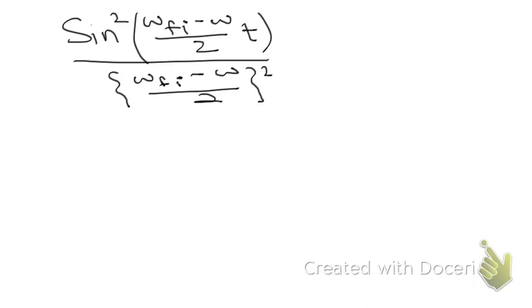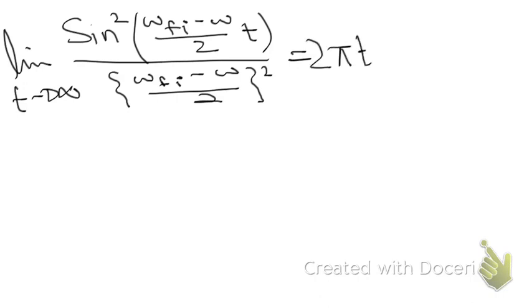And so when we take the limit of this function with t approaching infinity, or for a very large t, this is equal to 2 pi t times the delta function of omega_fi minus omega.